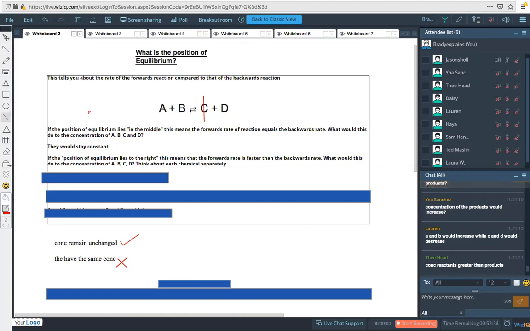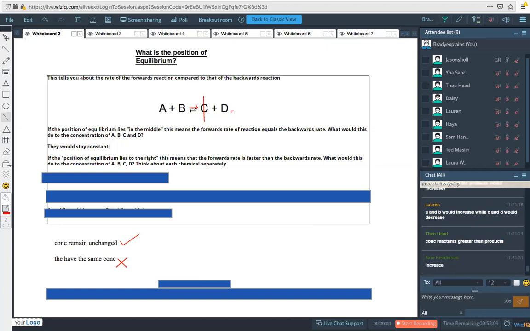By shifting the position of equilibrium to the right, you've meant that the forward reaction is now bigger. So can everybody type in this next question? If you have a forward reaction, just thinking about the forward reaction, what will that do to the concentration of C and D if I just had forward reaction? Will C and D increase or decrease in conc?